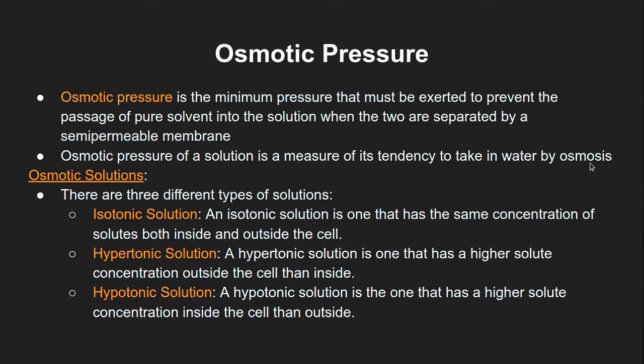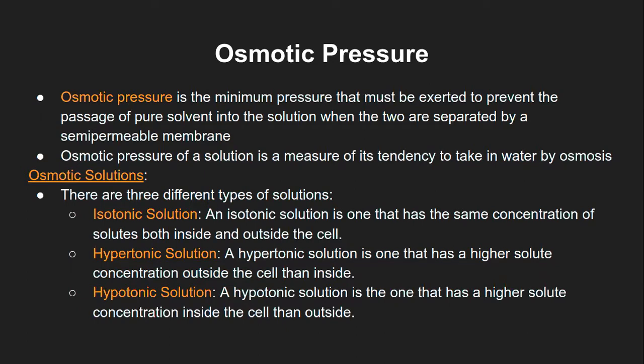And usually the osmotic solutions are classified into isotonic solution, hypertonic solution, and hypotonic solution. Sorry, by mistake I said based on the type of osmotic pressure. It's not based on the type of osmotic pressure, but just the type of solution which is present.